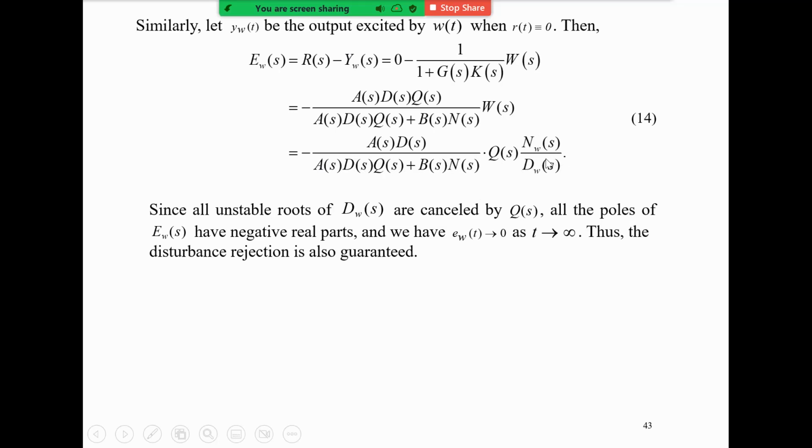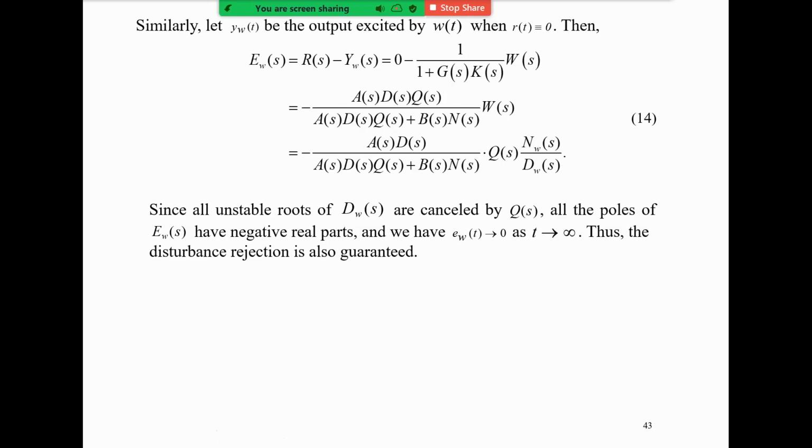Of course, there are some unstable factors in the disturbance, but those unstable factors will be cancelled out by Q. They are included as a part of Q, so they will disappear. The final solution is that this error signal will go to 0. Is that clear?